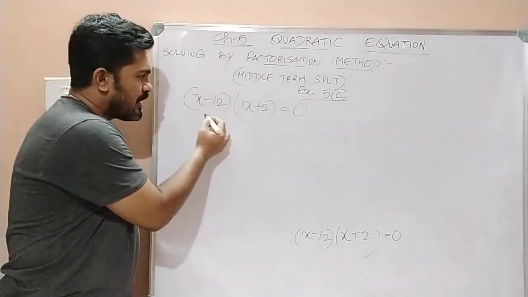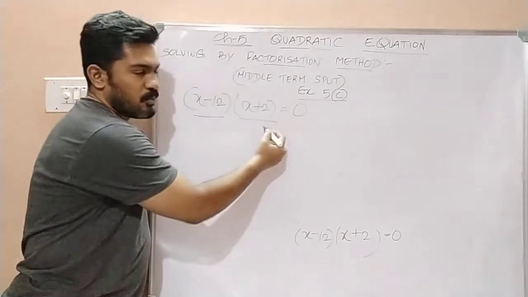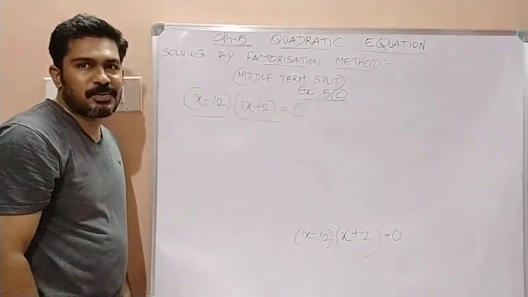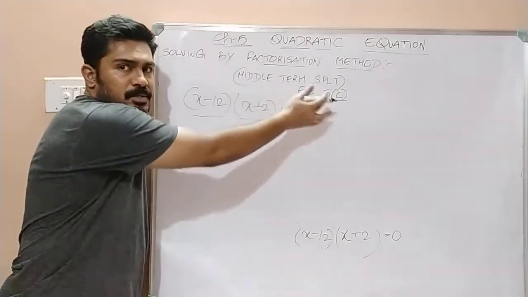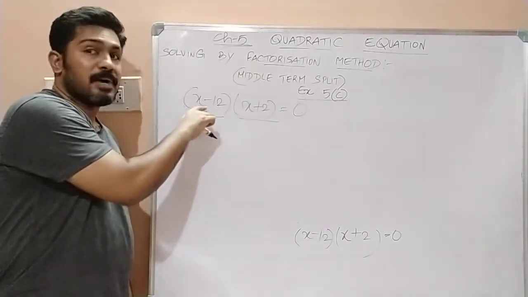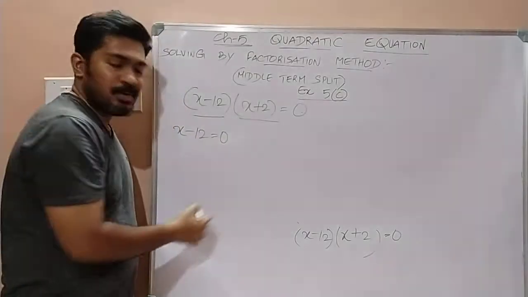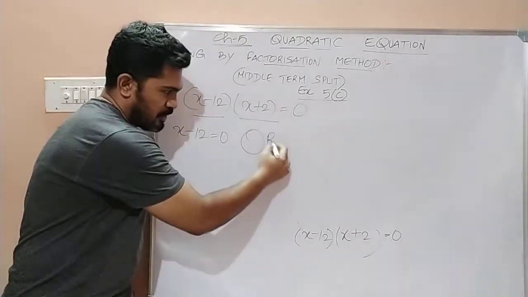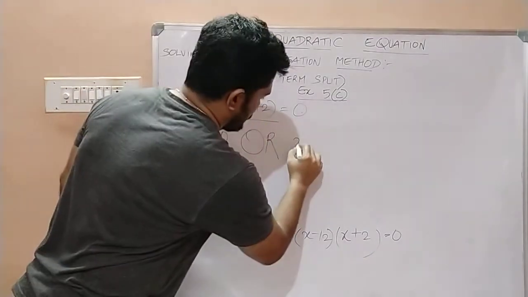Now I know x minus 12 into x plus 2 is equal to what? 0. That means the product of these two factors is equal to 0, which implies either x minus 12 has to be what? 0, or x plus 2 should be 0, isn't it?